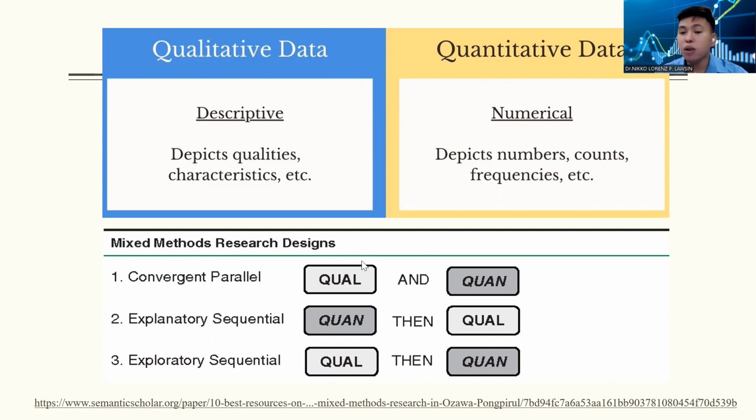You are doing simultaneously the collection of qualitative and quantitative data. For explanatory sequential mixed method research design, you are dealing first with quantitative data and then qualitative. For exploratory sequential mixed method research design, you are dealing first with qualitative data and then you proceed to quantitative data analysis.